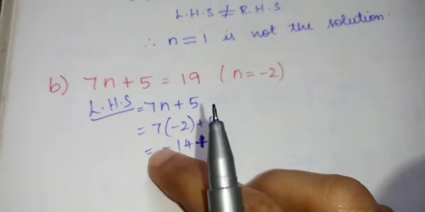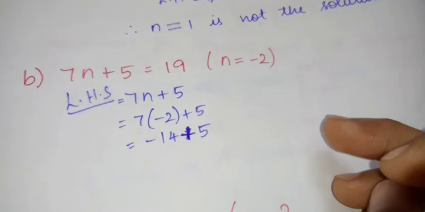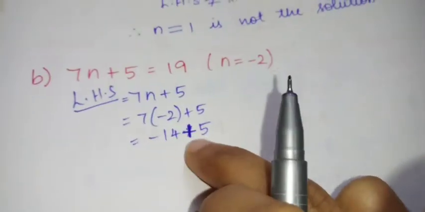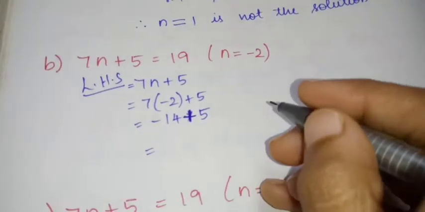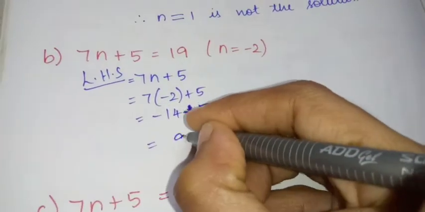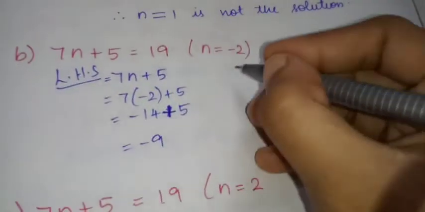Plus into minus, minus 14 plus 5. Minus 14 plus 5 means different signs, so subtracted. 14 minus 5 is 9. Minus 9, you will write it.